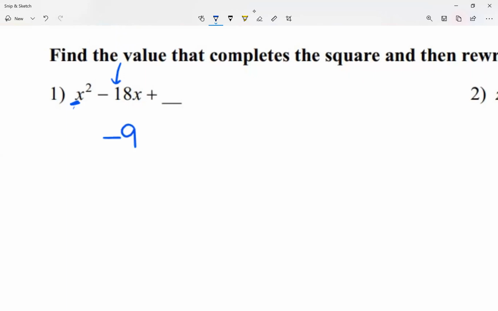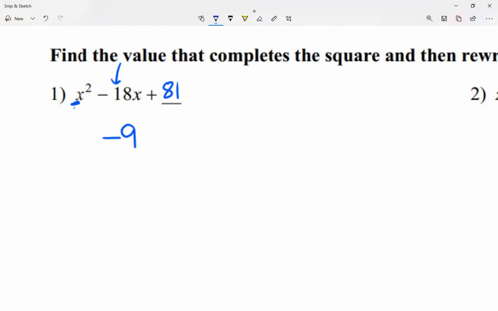I'm even going to write it down here because I'm going to use it. Now, my question is, what's negative 9 squared? Negative 9 times negative 9 is 81. So that's the number that goes here. If I ask you to complete the square, I'm just asking what's the number that goes there. In this case, it's just 81.